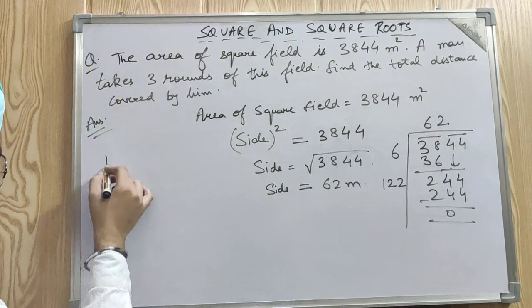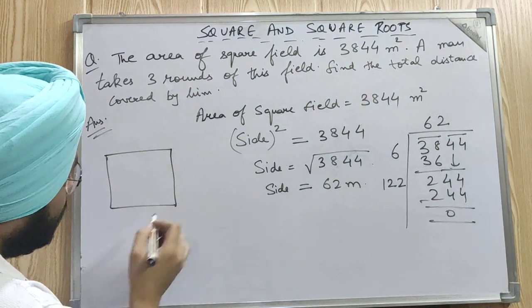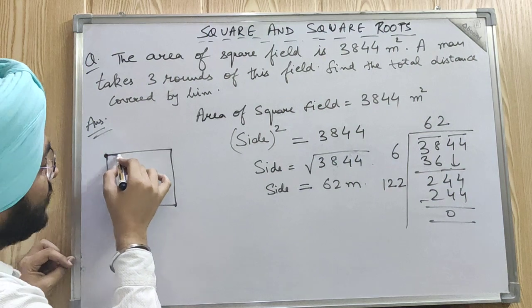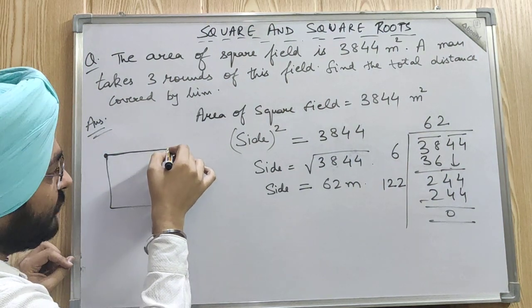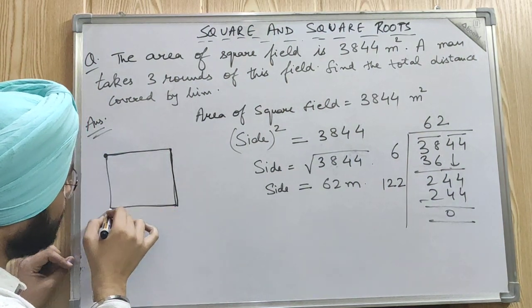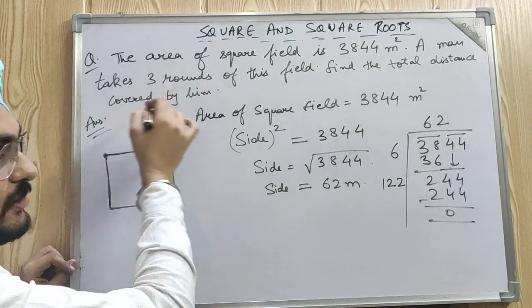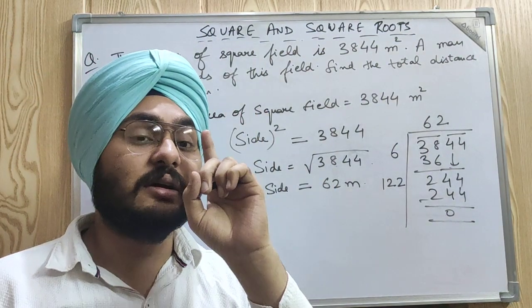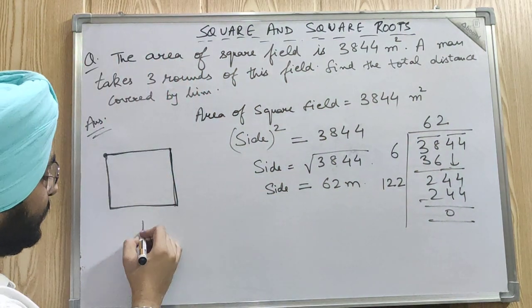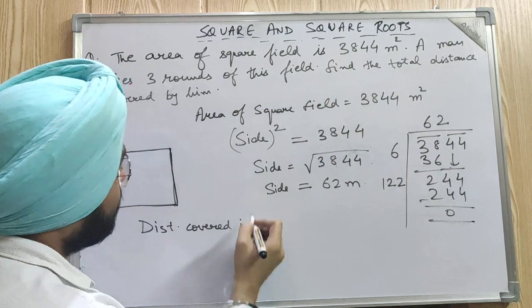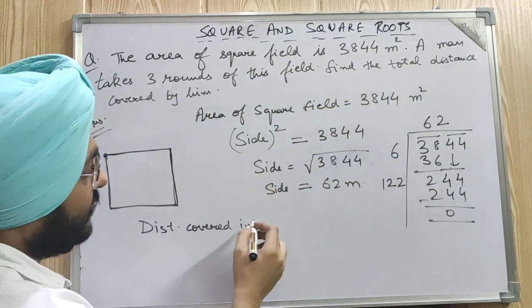Now you have the side here. So now I'm drawing a square. A man starts from this point. He is going in this way. Firstly he completes this side, then the second side, then the third side, then the fourth side. Again he comes back. So basically, he has completed 1 round here. So I can simply say here the distance covered by the man in 1 round.